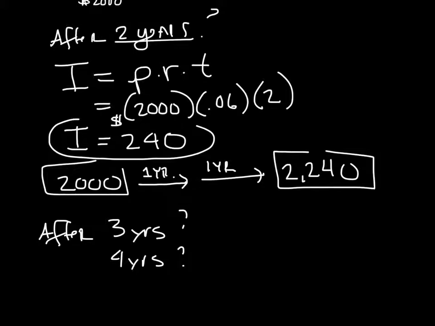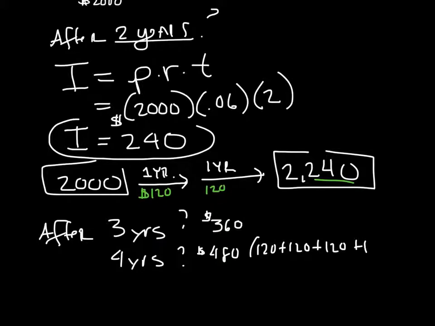Notice your 240 was just 120 for the first year, and another year would be another $120, and that's where we got 240. So in 3 years we'd get 120 plus 120 plus 120, so we'd end up with $360. After 4 years, it would be $480, which is 120 plus 120 plus 120 plus 120, for each year.